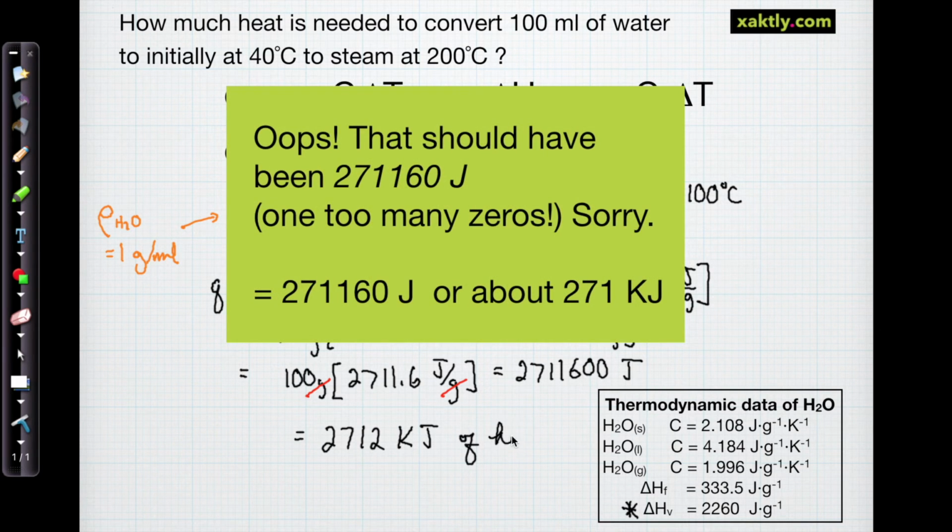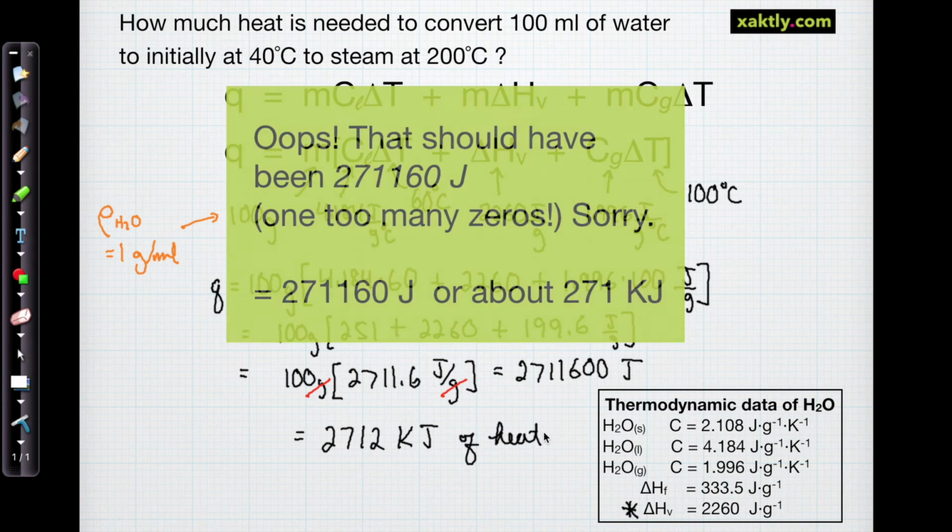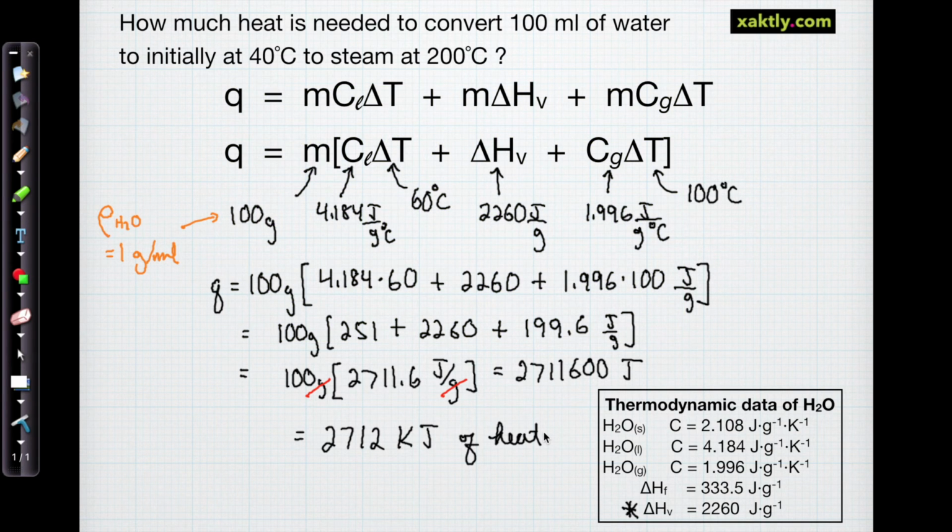Whoops, it looks like I accidentally multiplied by 1,000 instead of 100, so that really should be 271 kilojoules of energy needed. Sorry about that, it happens.